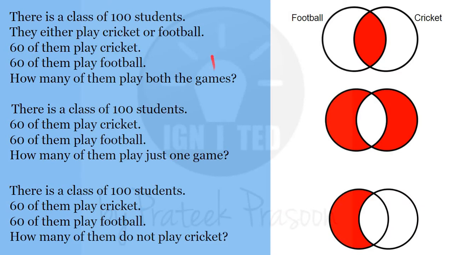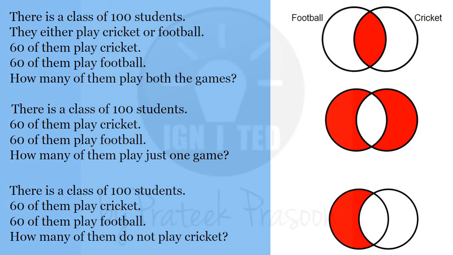Now consider this particular problem. There is a class of 100 students. They either play cricket or football. 60 of them play cricket, 60 of them play football. So how can this happen? There are 100 students only. If 60 of them play football, let us give football to them. So we have given 60 footballs.